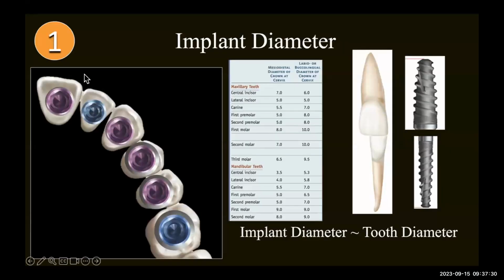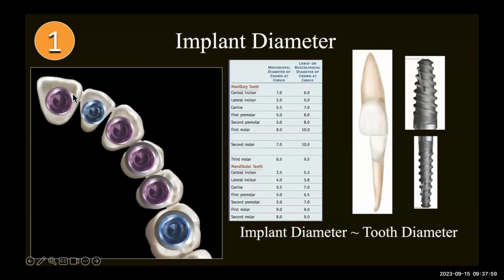Well, first of all, we have to look at the implant diameter. So here I have from Wheeler's textbook, mesial distal and buccolingually, the average diameter at the cervical area. And ideally, that implant should be as close to that measurement as possible. However, we have to take into consideration, again, the outline form of the natural tooth is a lot different than the implant.